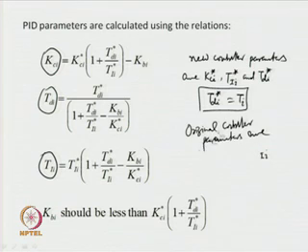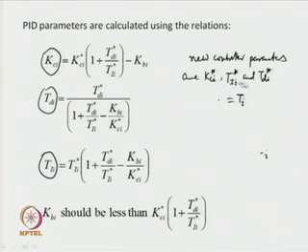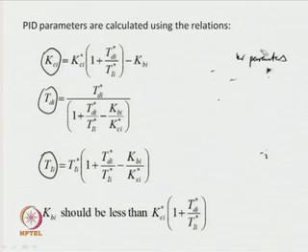So, using these relations, we calculate back the parameters of the original PID controllers along with the parameters of the two proportional controllers for both the loops.